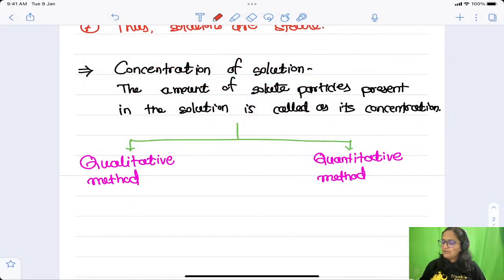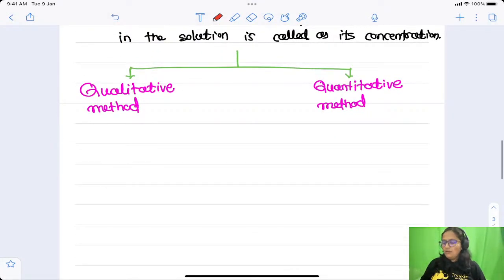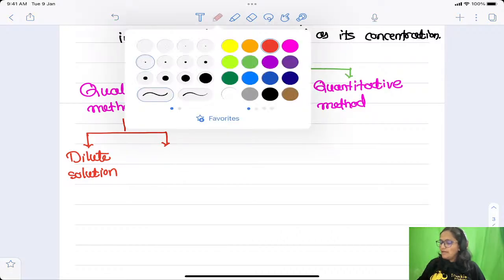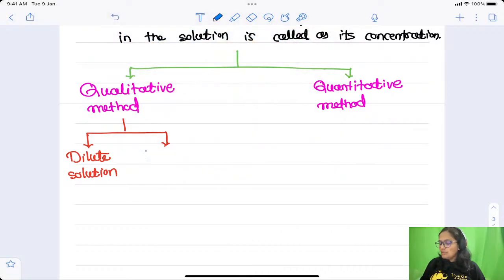In the qualitative method, there are two types of solution: one is the dilute solution and another is the concentrated solution.